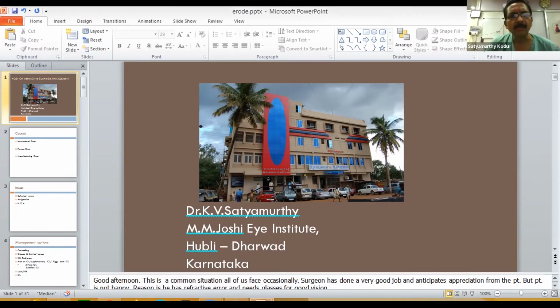So now, what are the management options? In case the number is very small, better to counsel the patient and explain the pros and cons of surgery. And in case the patient has monovision, say myopia in one eye which you are contemplating correcting, maybe you can talk about the monovision.